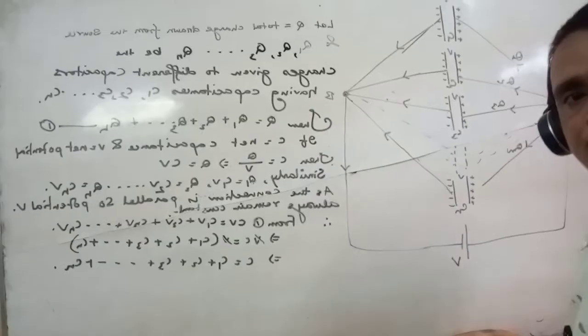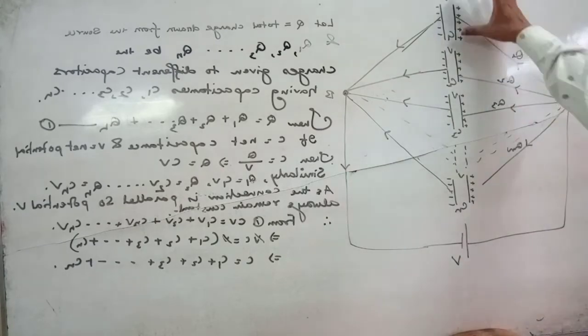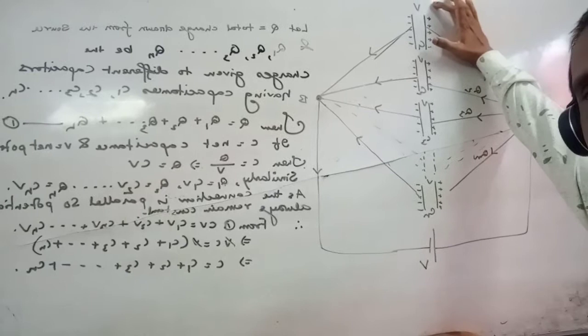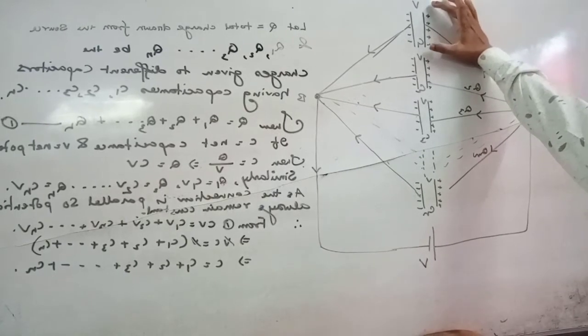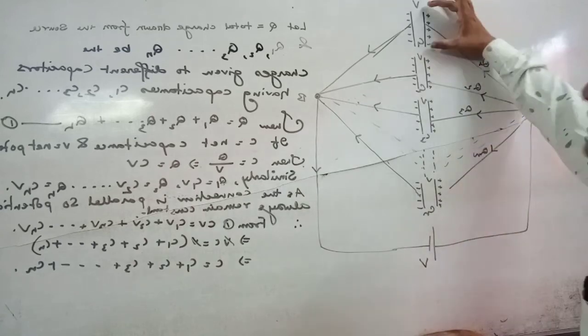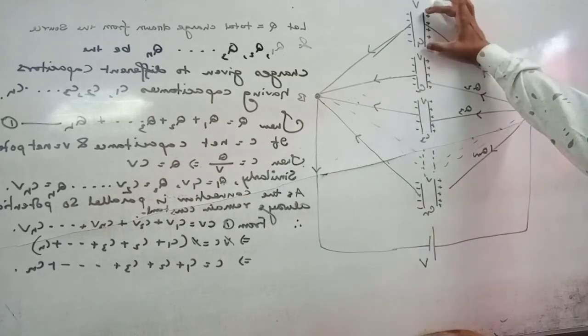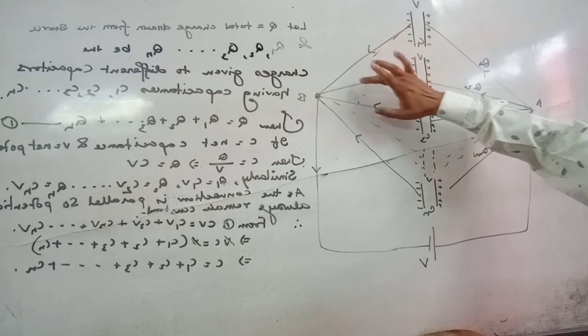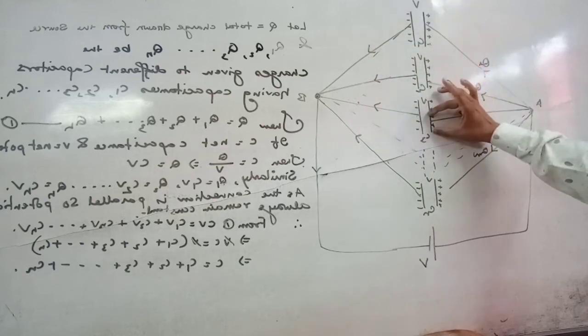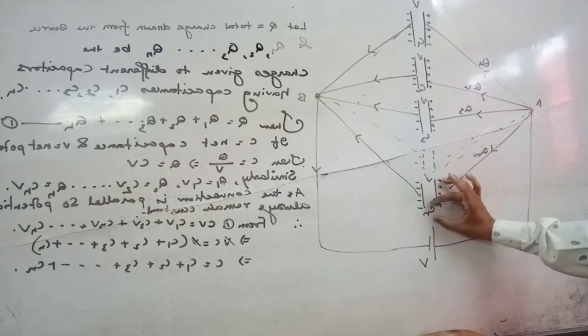Is it clear? Okay friends, let's see how the capacitances are connected in parallel. Suppose we have a large number of capacitors, up to n number of capacitors, and the capacitance of each capacitor is C1, C2, C3 up to Cn. Is it clear?